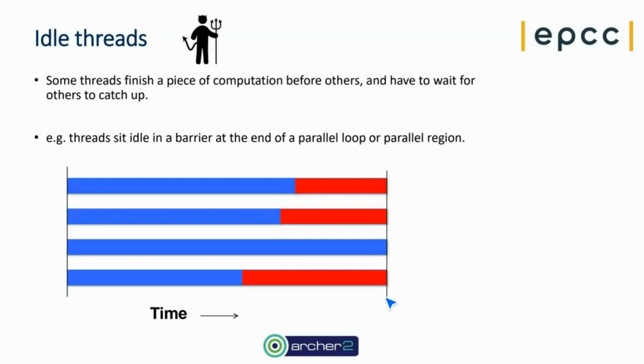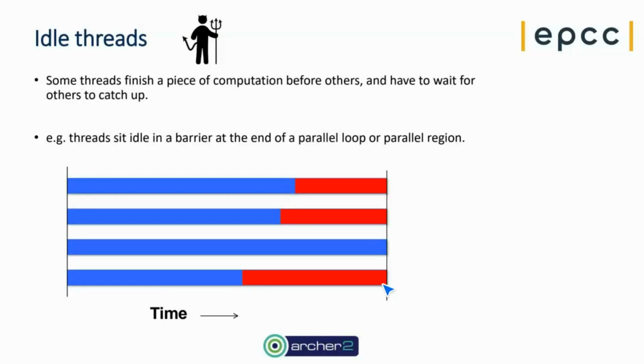They all reach a barrier at the end of, say, a parallel loop or a parallel region. OpenMP has implicit barriers at those points. So all the other threads have to sit there doing nothing while they're waiting for the 3rd thread to finish what it's doing. So this is just a straightforward load imbalance problem.